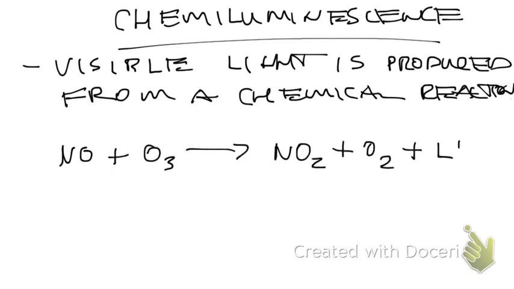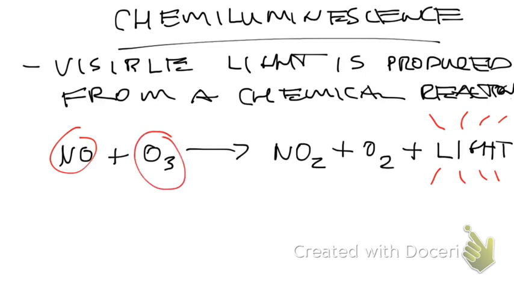An example of a reaction that does chemiluminesce is the reaction between nitric oxide, over here on the left, NO, plus ozone, or O3, right here.